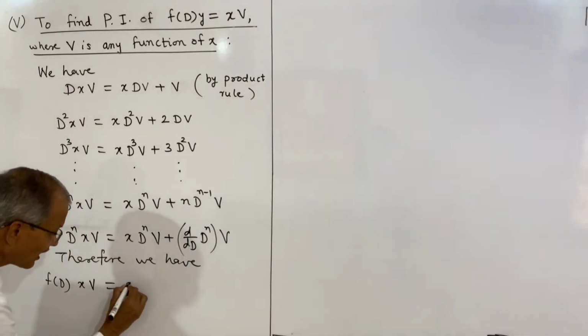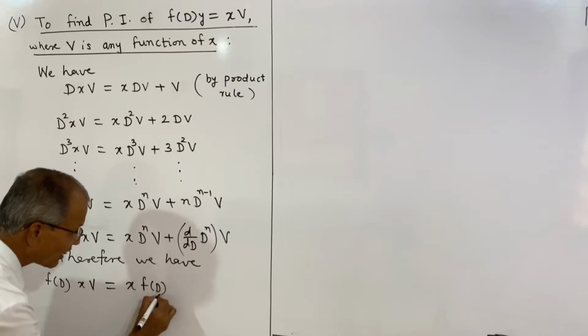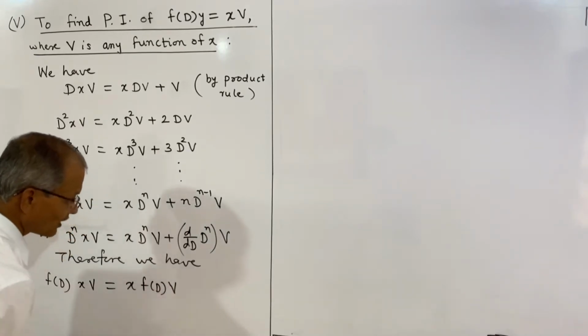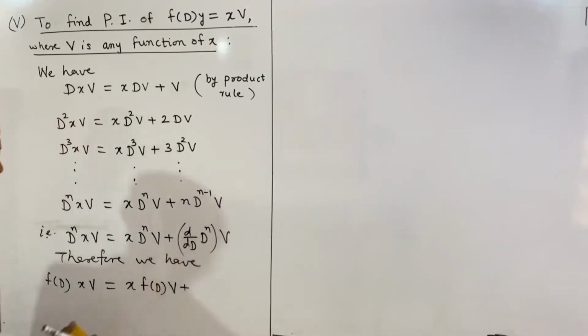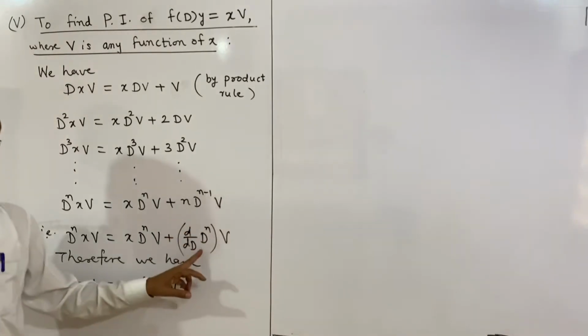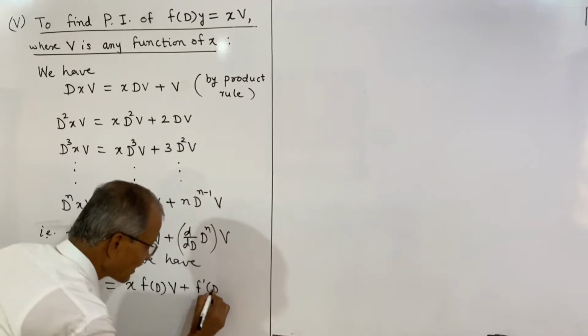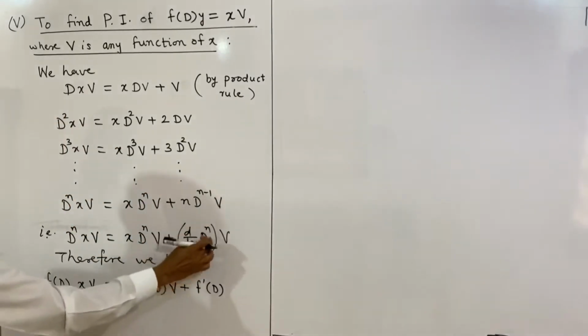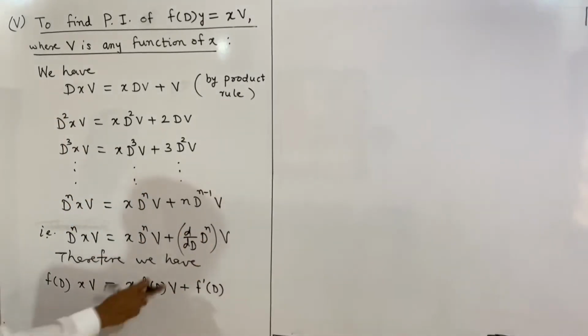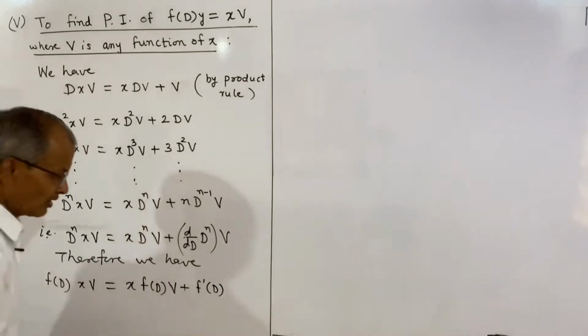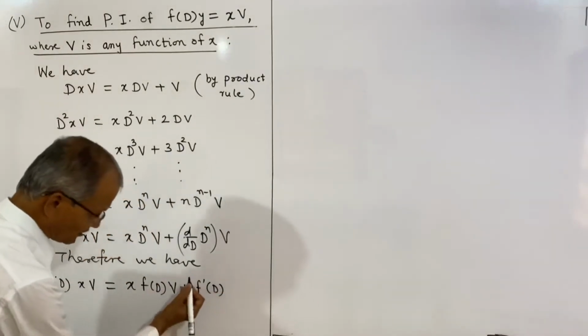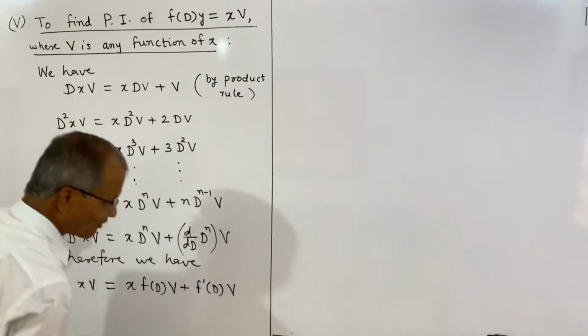That is equal to x f of D into v plus the derivative of f of D, which we write as f dash of D, operated on v. D power n we are assuming as f of D, and its derivative is f dash of D, operated on v.